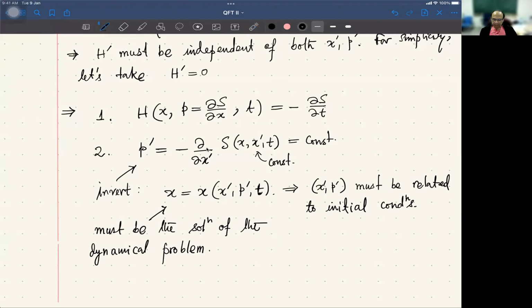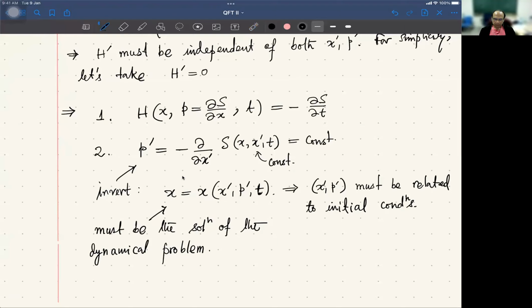So that means this x can now be interpreted as a trajectory. The coordinate transformation between x and the primed variables itself gives you the trajectory.